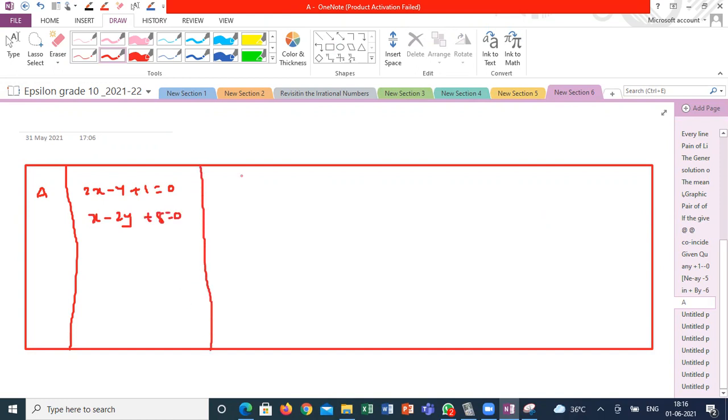In the first case, a1 by a2 value is 2 by 1, b1 by b2 value is minus 1 by minus 2, c1 by c2 value is 1 by 8.